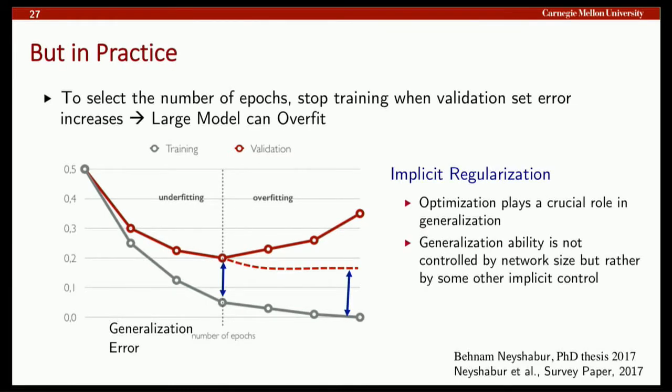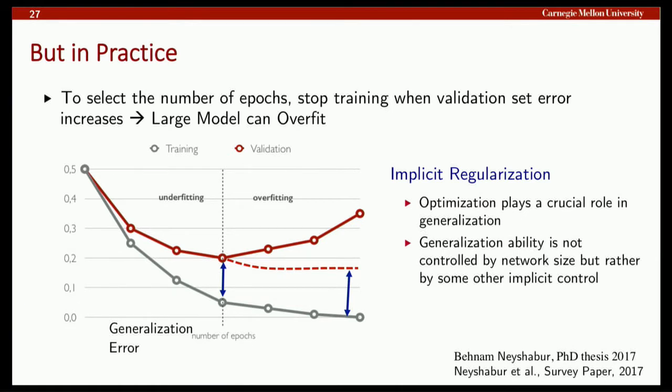So the algorithm you use, and how you use it, actually impacts your generalization performance. It's not controlled in many cases by network size, which is what you think about when looking at the capacity of your neural network, but rather by some other implicit control, like exactly how you're using stochastic gradient descent, what kind of randomness you're injecting, dropout, and so forth.